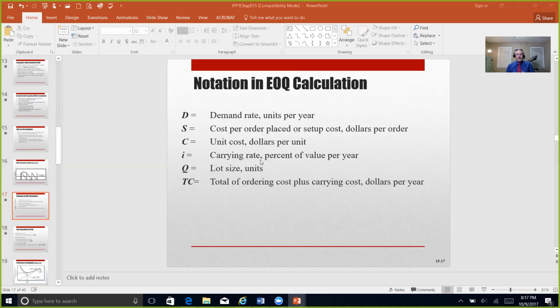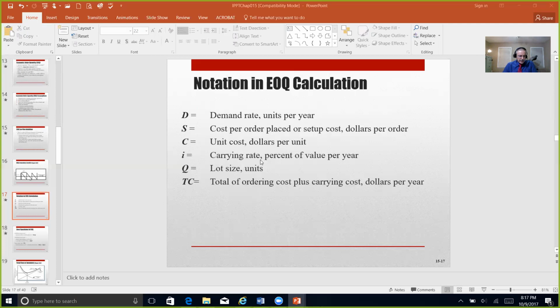And if you do that, when you see the astronomical cost, that should be an immediate flag that maybe the math was wrong. So the problem may say 30%, but now you know that the carrying percentage should be a decimal equivalent.